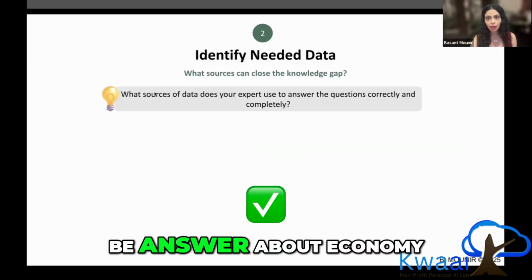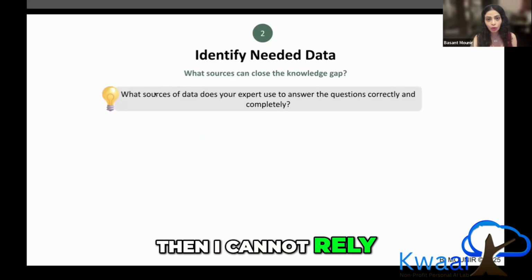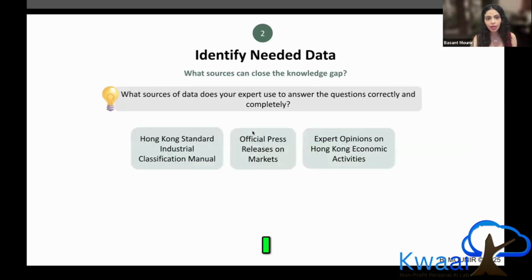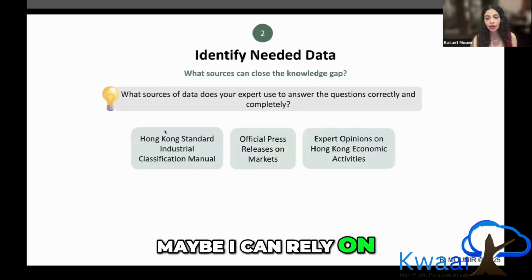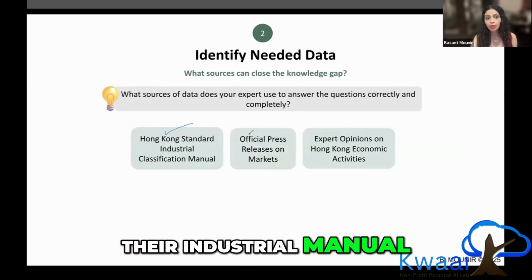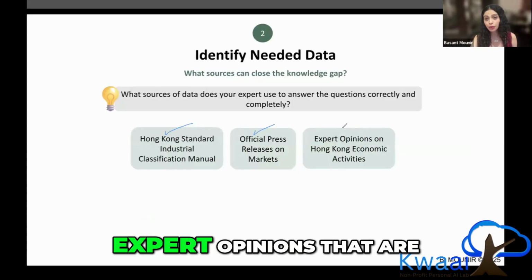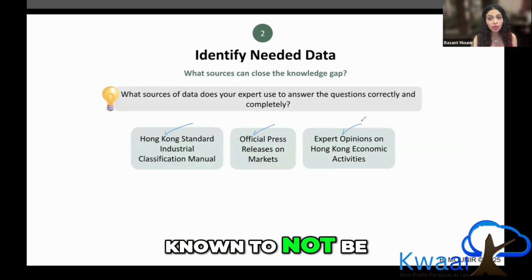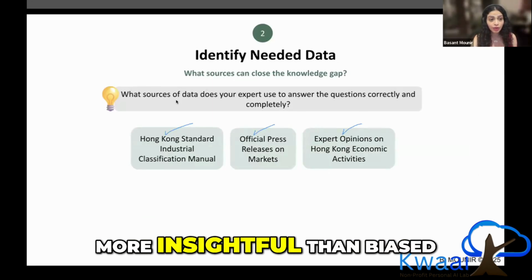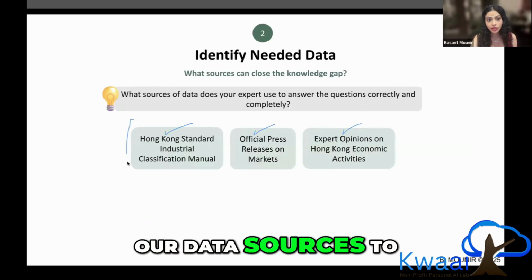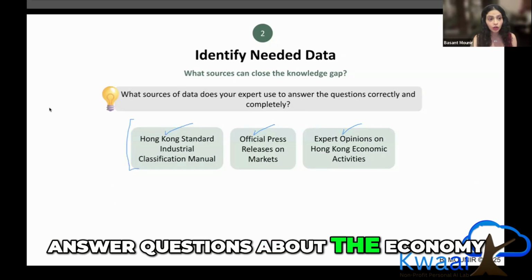If I'm going to answer questions about the economy, then I cannot rely on blog sources, right? Maybe I can rely on their industrial manual, or official press releases on governmental websites, or expert opinions that are known to be insightful rather than biased. So these would be our data sources to answer questions about the economy.